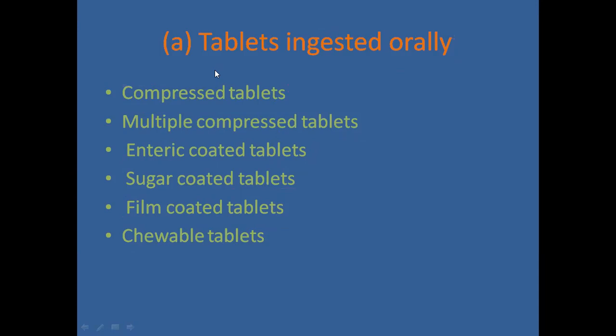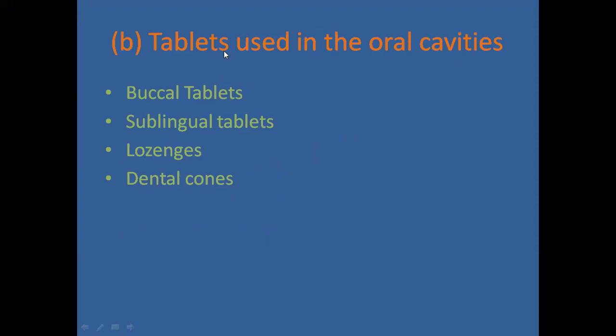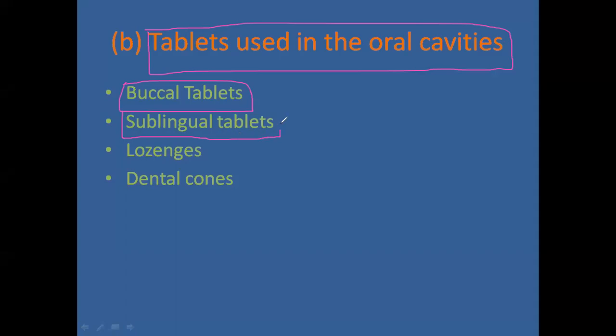Now moving to the second type of tablets. These are the tablets which are used in the oral cavity. Examples of the tablet include buccal tablets, sublingual tablets, lozenges, dental cones.